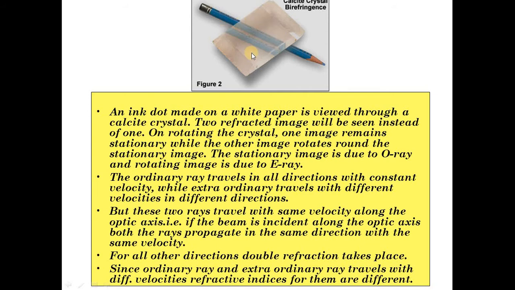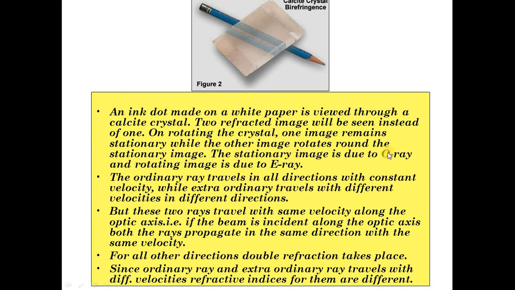You can see in this picture two refracted images of the ink dot, and on rotating the crystal, the image which is produced by the ordinary ray remains stationary, and the other image, which is produced by the extraordinary ray, rotates along with the rotating crystal.